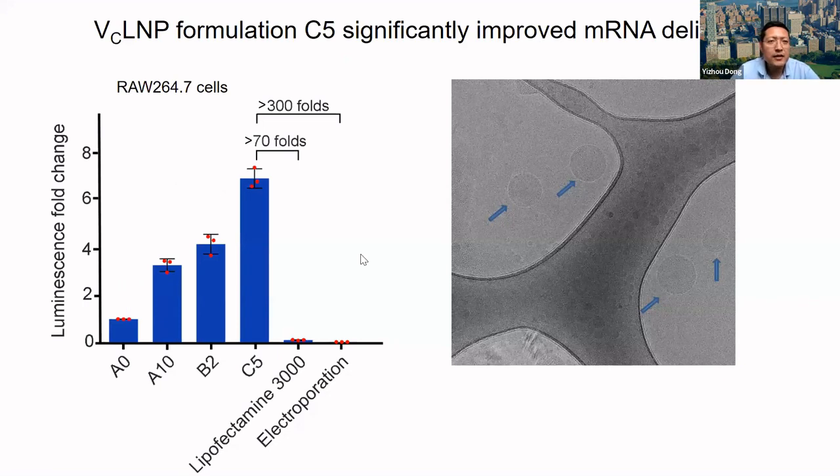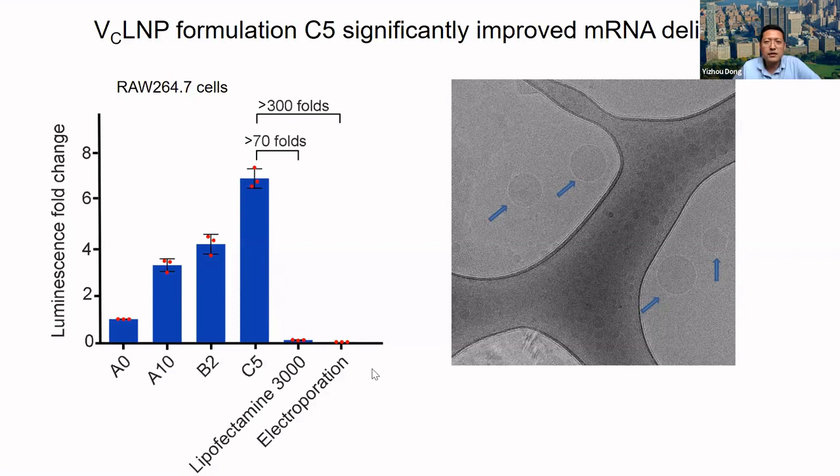Then we identified a lead material, a vitamin C derived lipid nanoparticle formulation, C5. And you can see it works over 70-fold better than vitamin 3000, and over 300-fold better than electroporation.